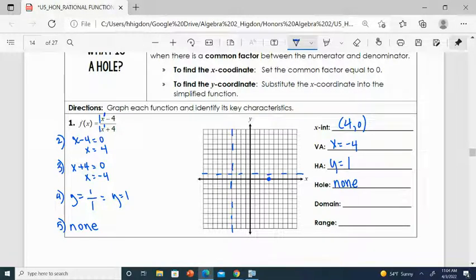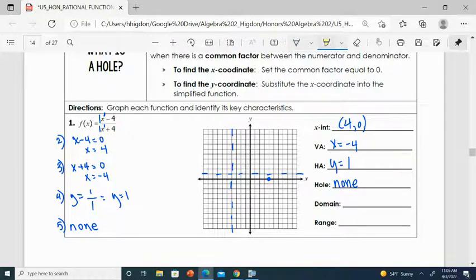Now I'm going to look at the graph. So I'm going to go to y equals on my calculator, and I'm going to put in x minus 4 divided by x plus 4. One thing I should mention: when you are following through steps 2, 3, 4, and 5, always make sure that you are looking at the simplified version.